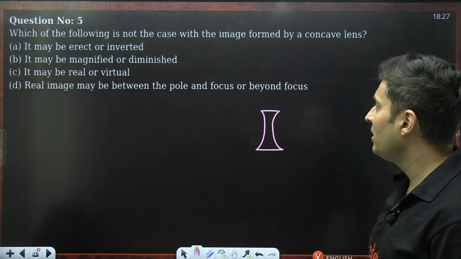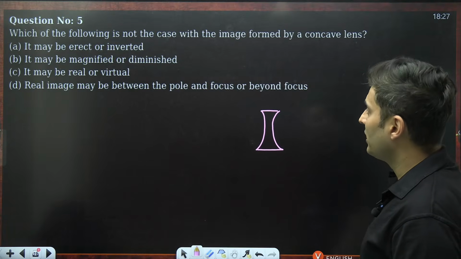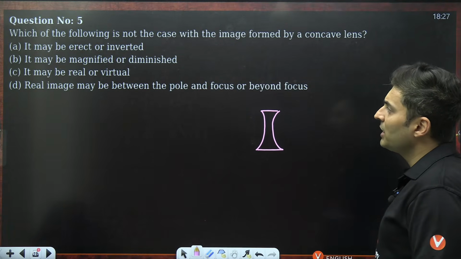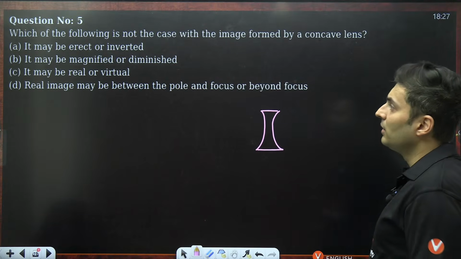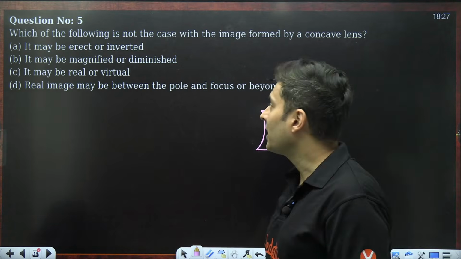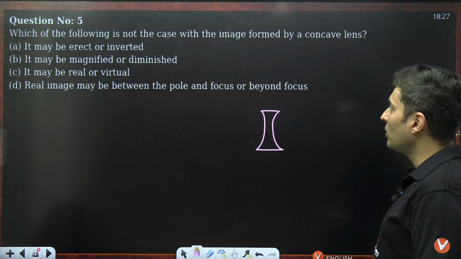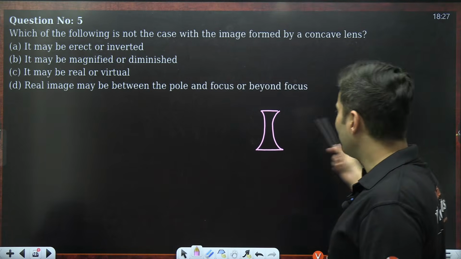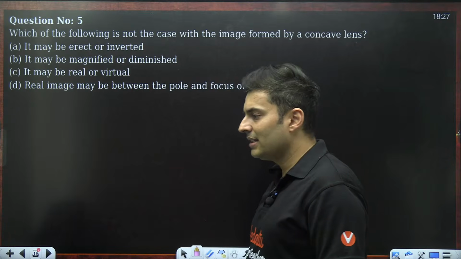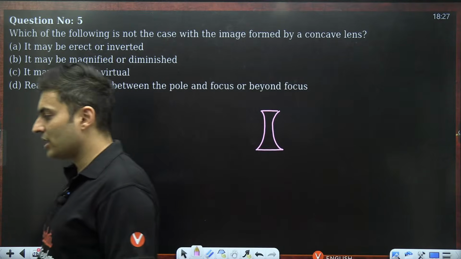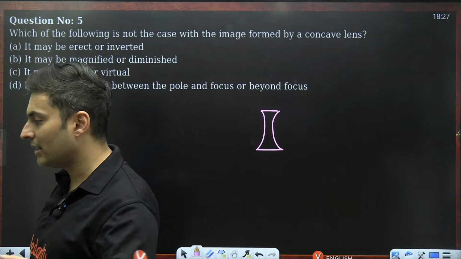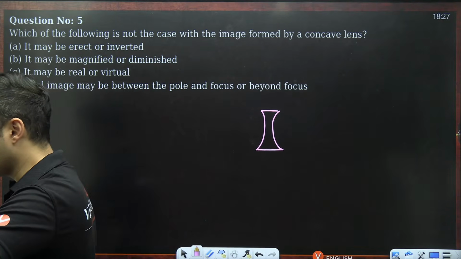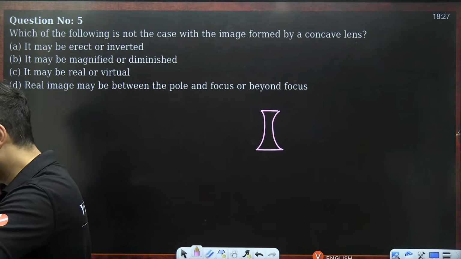Real image may be between the pole and the focus or beyond the focus. Basically, anywhere a real image. I think this is very straightforward. You can see which of the options is correct very easily rather than which of the options are not correct, or vice versa. Up to you.